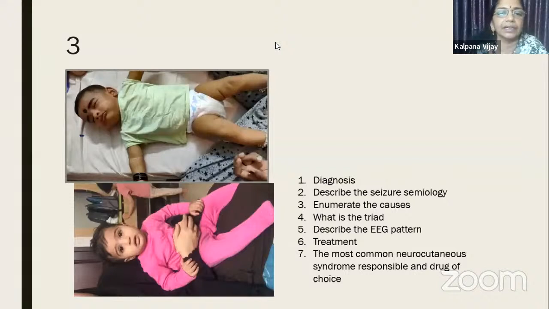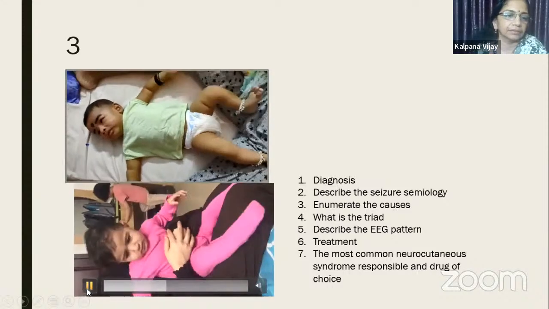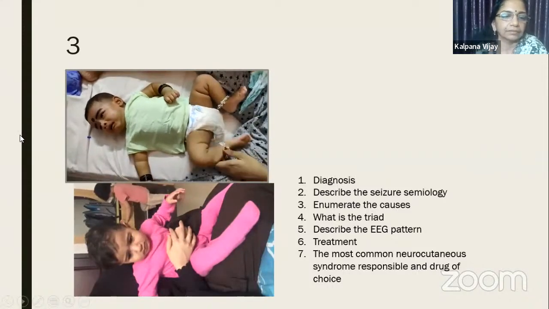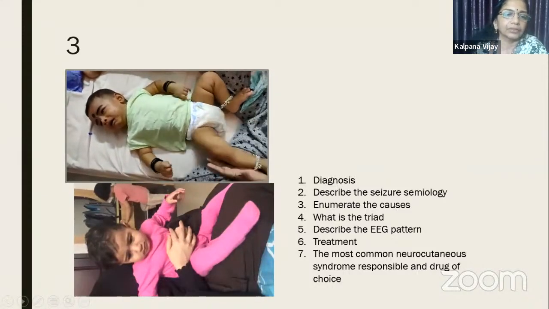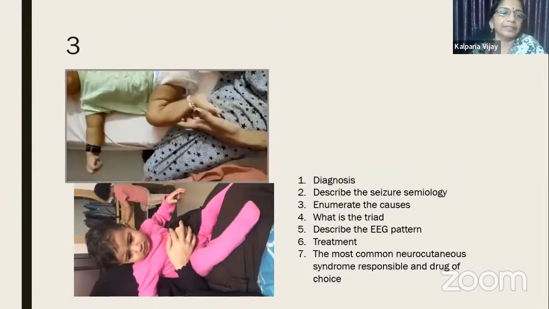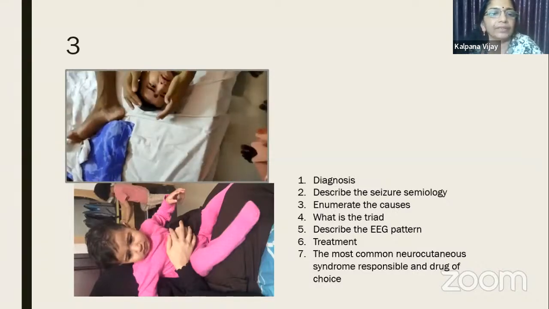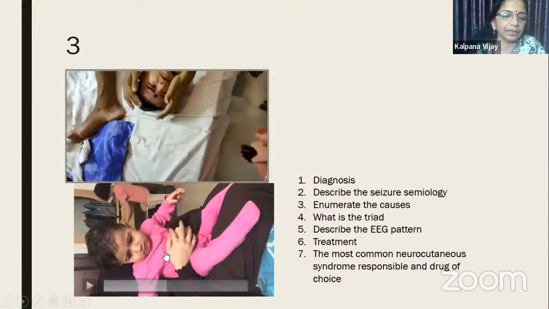But when the child is lying down, it is a little difficult to identify. This child is having an extensor type of seizure. Always the child will be crying, and there will be a sudden extension of the upper limb that is happening here. And also often it comes in clusters. So there is sudden extension, there may be head drop, or here there is sudden flexion.